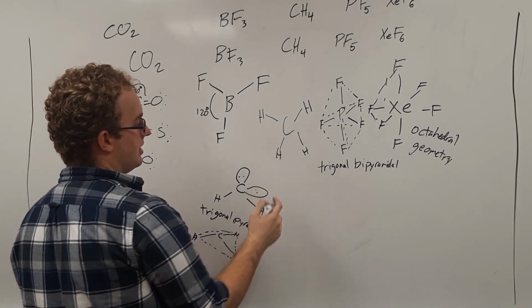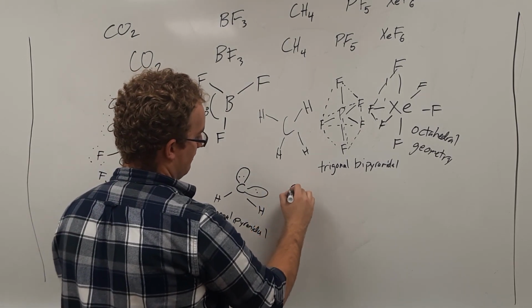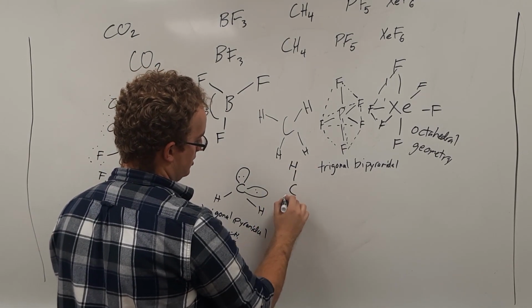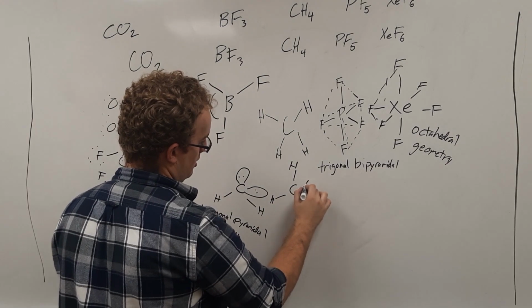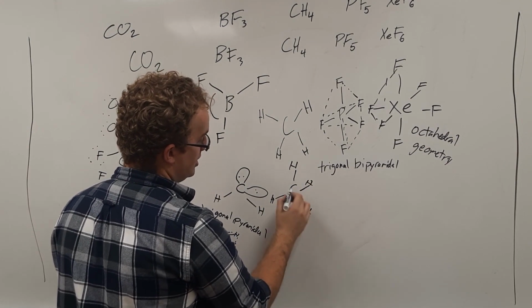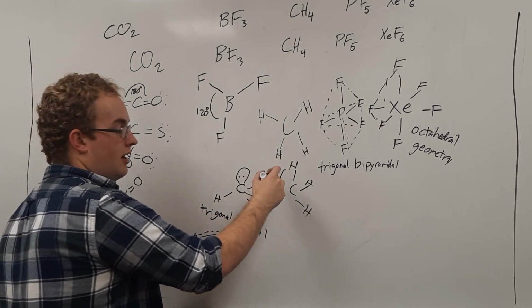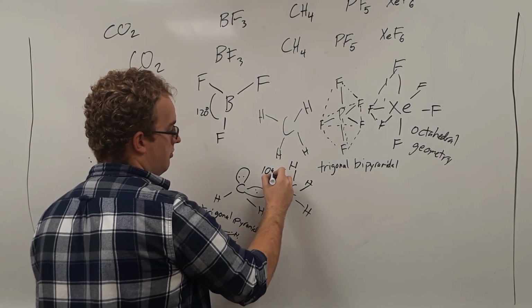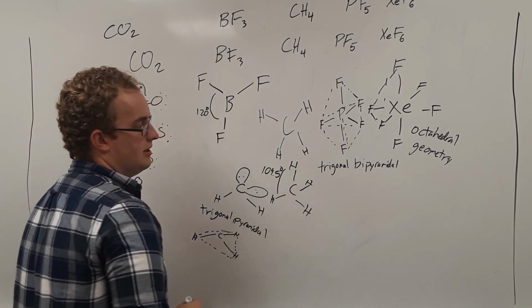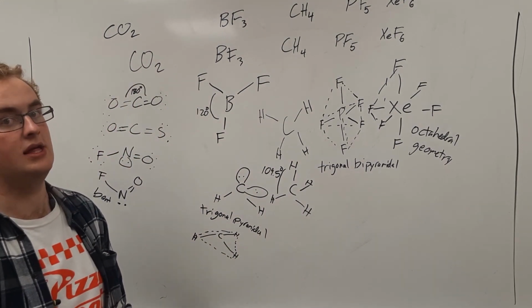Then here, this is like a tetrahedron, right? So we have the C right there and an H. They measured the bond angles between these bonds, and it's 109.5 degrees. That's the only really weird one that you'll see.